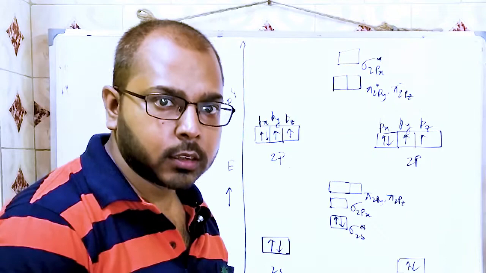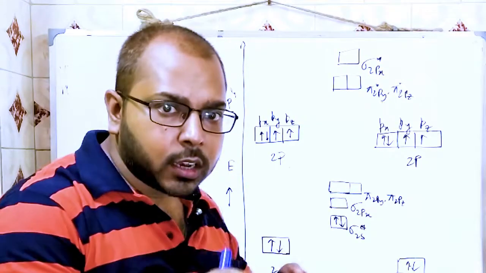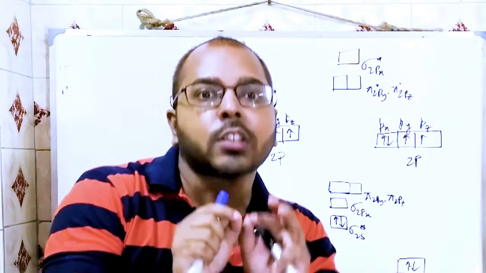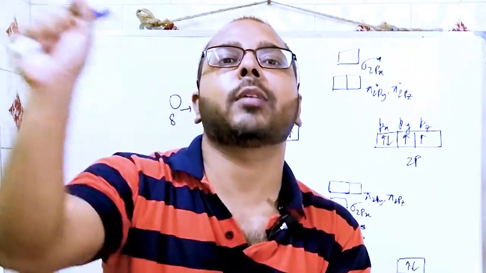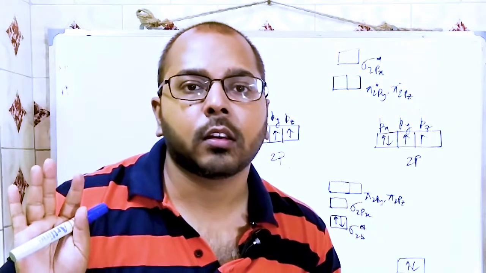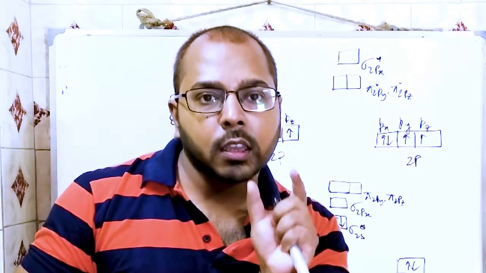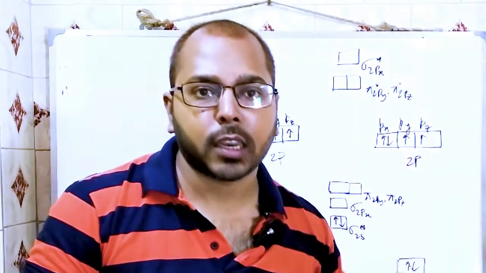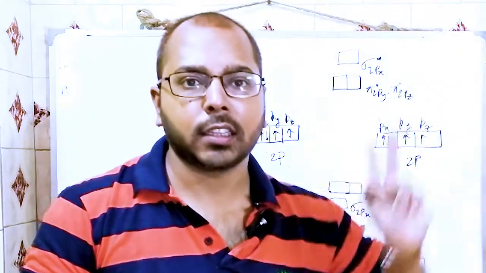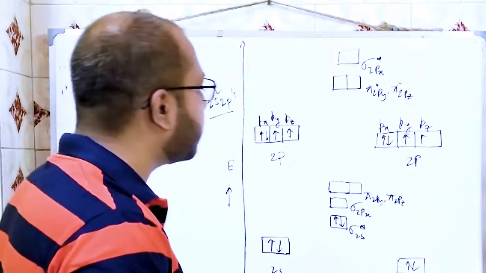Got it? So the orbital which has the more stable bonding orbital will have the less stable anti-bonding orbital. Okay, so whose bonding orbital is more stable, its anti-bonding will not be that stable, therefore its energy will be higher. Got my point?